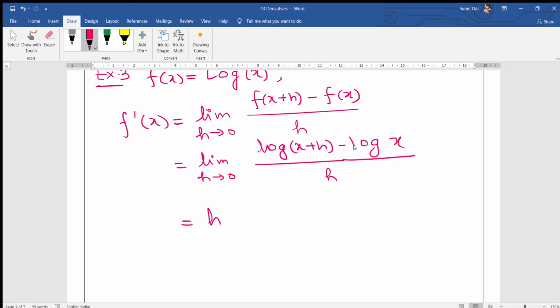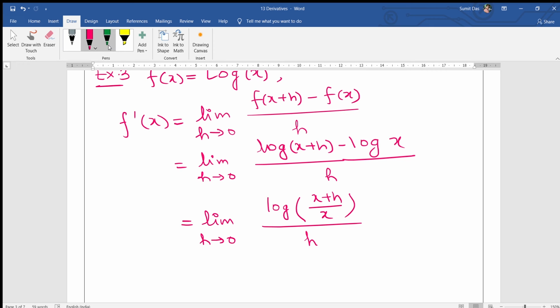So it will be limit h tends to 0, log of (x plus h) by x, divided by h.